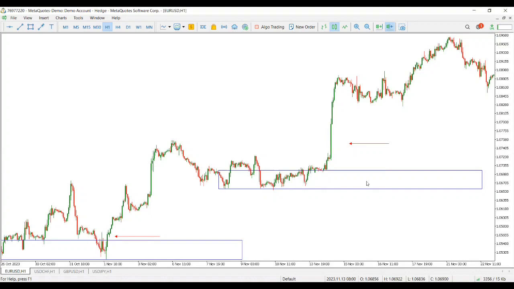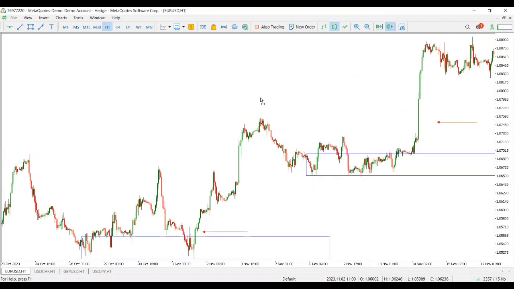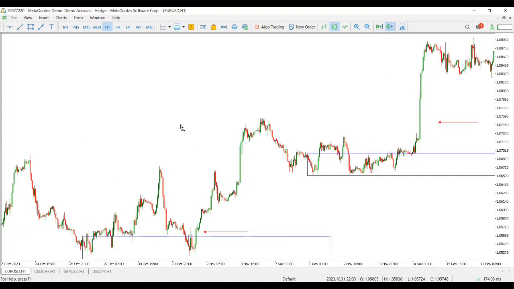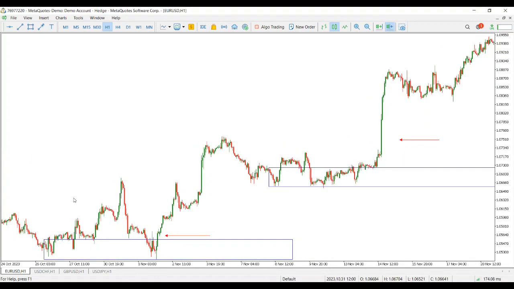Now, it meets the first requirement. The second one is that it should be in the same direction with the market's major movement. As you can see, this market has been on an uptrend for some time, and it confirms that it's in the same direction with the market's major movement. So criteria 2, confirmed.